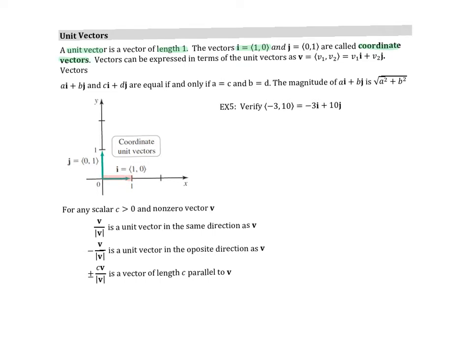And then j is the vector 0, 1. So i corresponds to the x-axis and j corresponds to the y-axis. The importance of these unit vectors is that any vector v can be written as an ij vector.